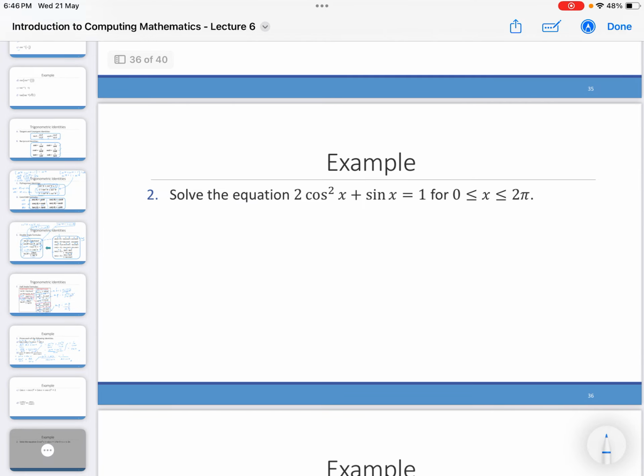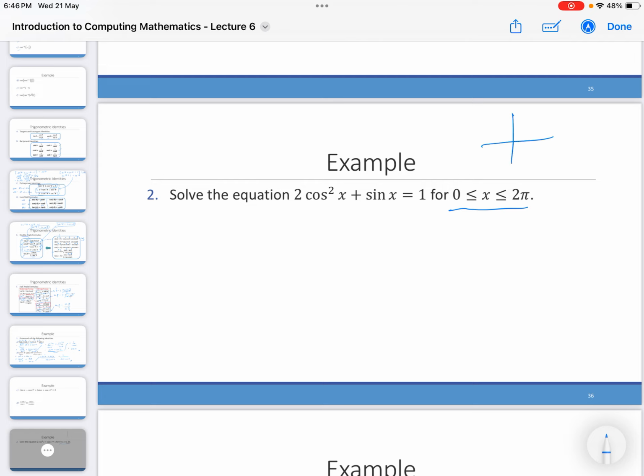Now let's look at number 2. Solve the equation 2 cos squared x plus sin x equals 1, and we are given the range here: x is from 0 to 2 pi inclusive.